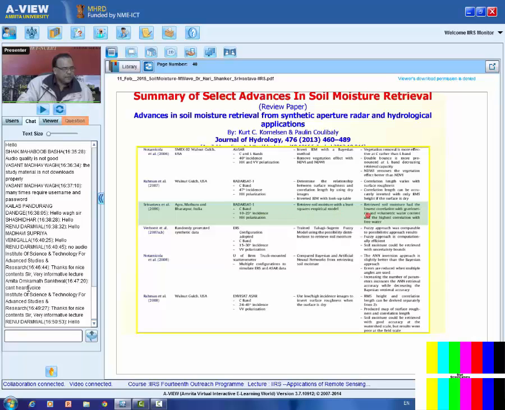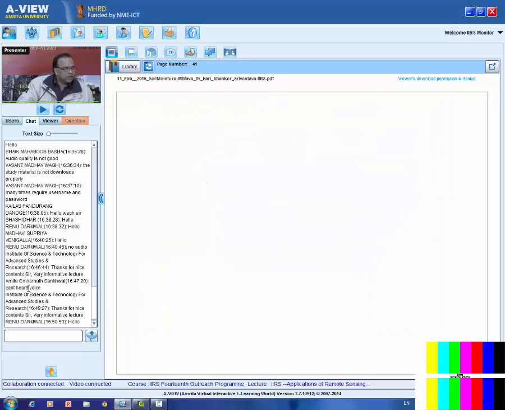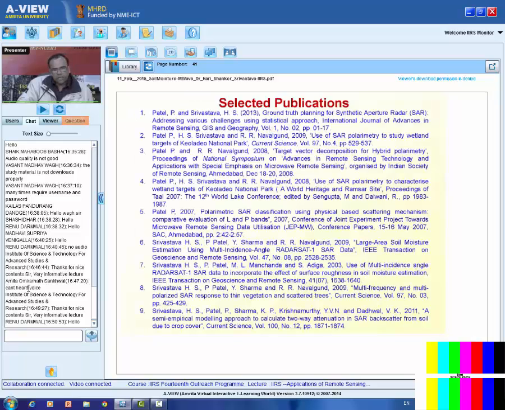So all these papers are given in the list that I have mentioned to you in the first cover note. These are some selected publications, and if you go through these papers, it will be much easier for you to understand not only soil moisture but other applications of soil moisture also, and to gain knowledge about the basics of soil moisture.